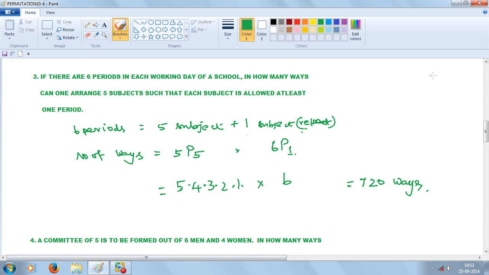The sixth, however, can vary in 6 ways. So it is 6P1. So we'll move to the next problem.